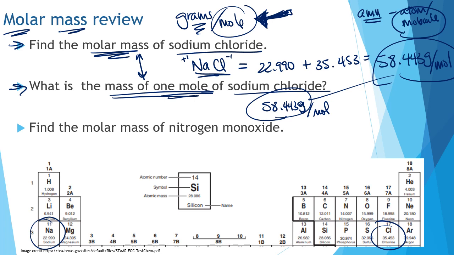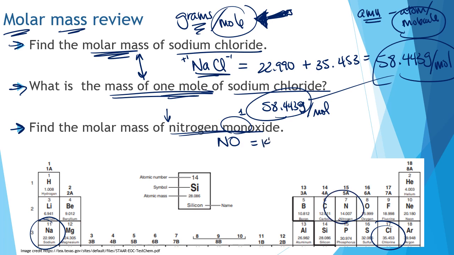Let's do one more practice problem together, and then I'm going to have you do a couple on your own. Find the molar mass of nitrogen monoxide. So this one is a covalent compound, not ionic, so I don't have to worry about charges. No prefix here means only 1 nitrogen. Mono means 1, so I also have 1 oxygen. To find the molar mass, I'm just going to add these up.